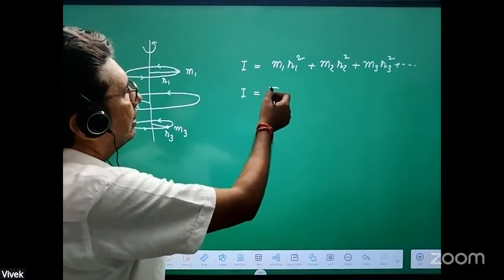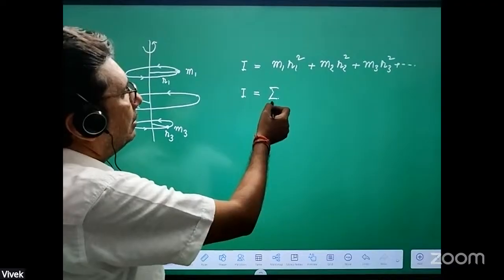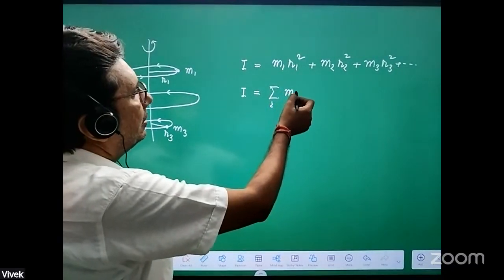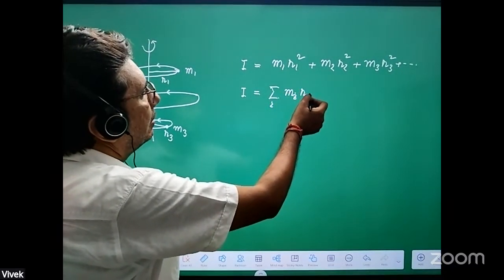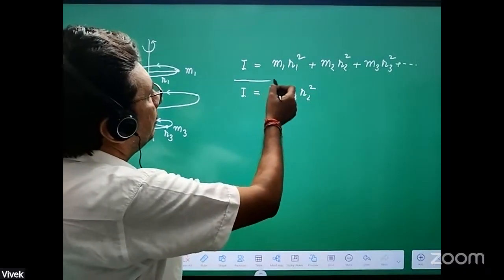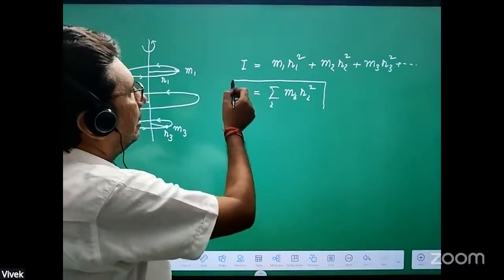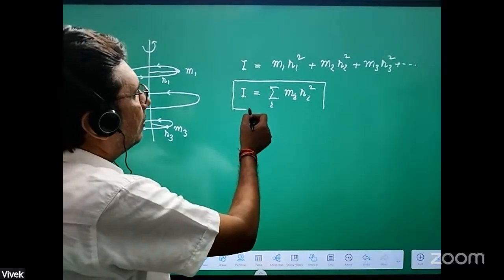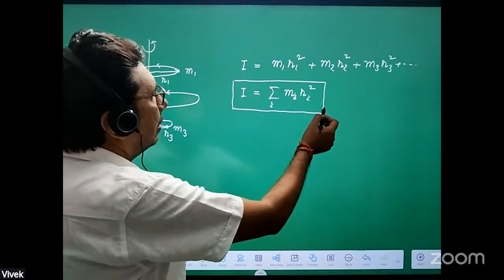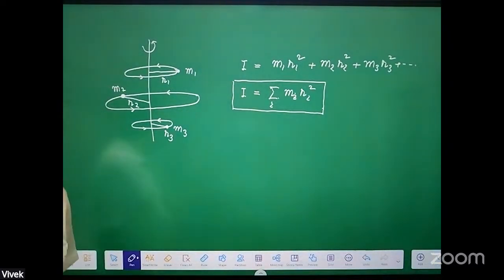You can write I equals sigma mi ri square. This will be the moment of inertia for a system of particles which are rotating with the same angular velocity around the same axis.